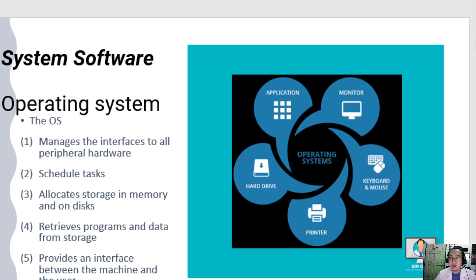The operating system has different functions, like the ones listed here. It manages the interface to all peripheral hardware, which we discussed during our presentation on computer hardware. It can schedule tasks, allocate storage in memory or on disk, and retrieve programs and data from storage.